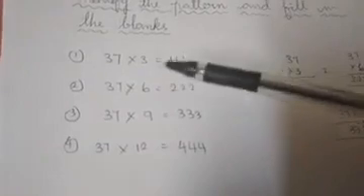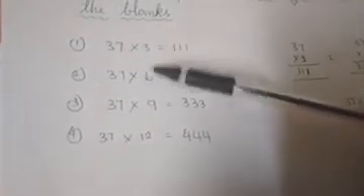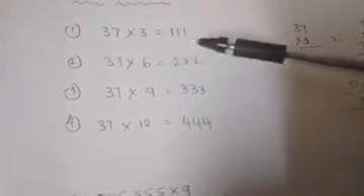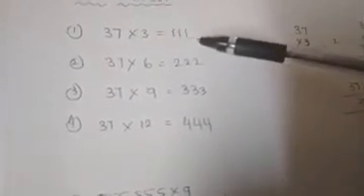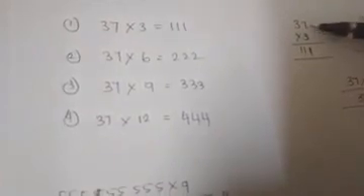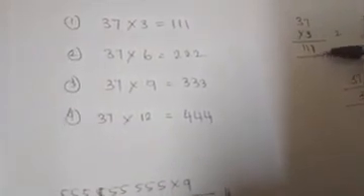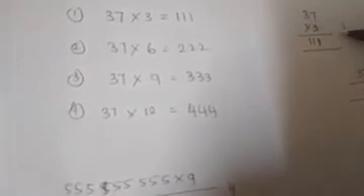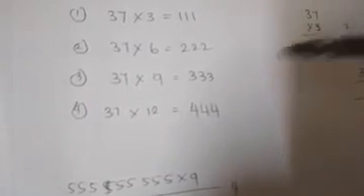See here, for example, it is given in the book, 37 into 3. This is 111. How? See, 3 7s are 21. 1 is here, balance 2. 3 3s are 9. 9 plus 2, 11. So 111.